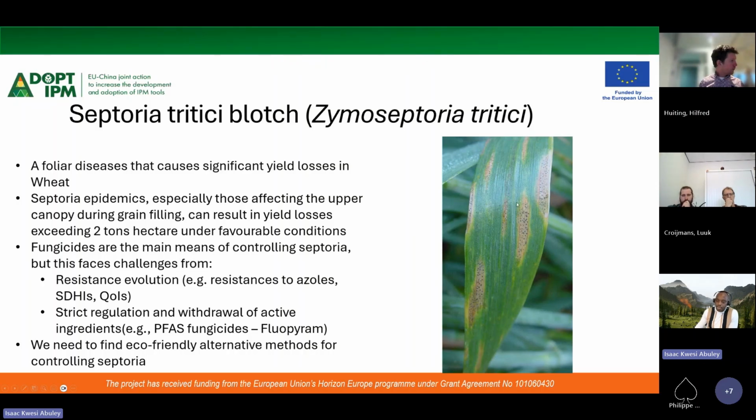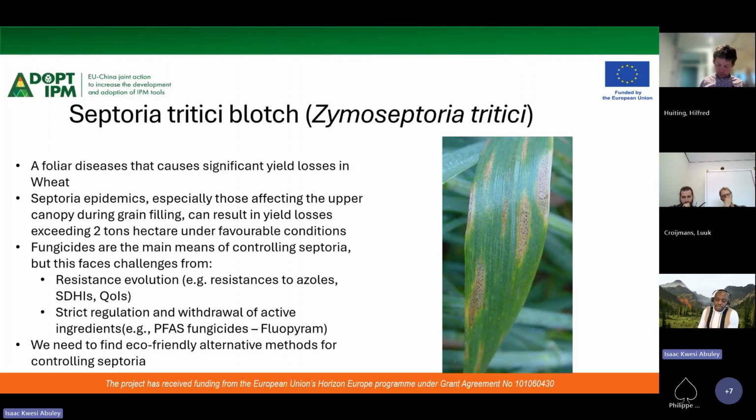These are typical symptoms on the right side of the slide. You see a necrotic lesion surrounded by a yellow chlorotic area, and then a distinct black object on it, which is actually a pycnidia. These are responsible for secondary spread of the disease in the field.